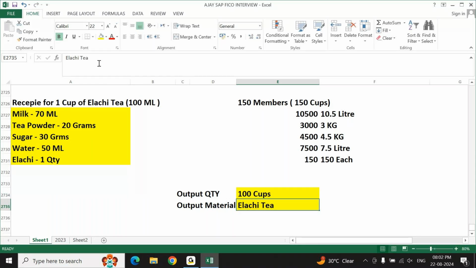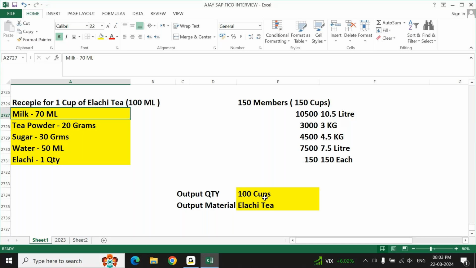What will the system do? The system will automatically tell you that to prepare 100 cups of tea, it will multiply. Automatically everything will happen. The system will tell you, you wanted to prepare 100 cups of tea, so please make sure you put in milk, 70 multiplied by how many cups? 100 cups. 70 multiplied by 100 means 7000, divided by 1000 ml.